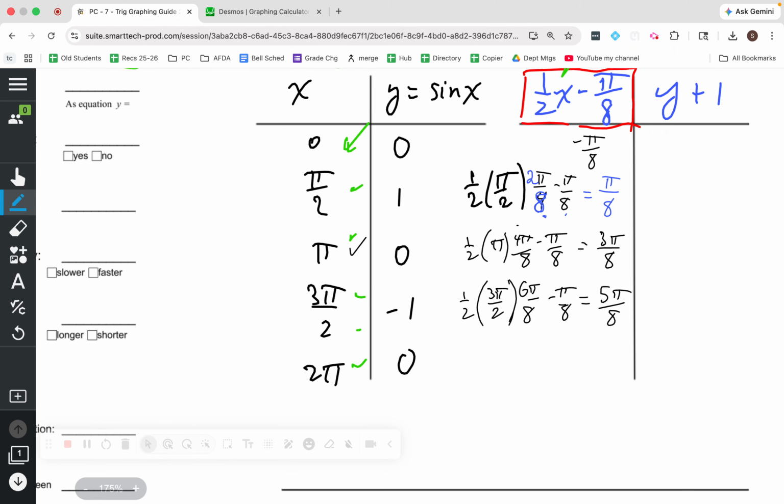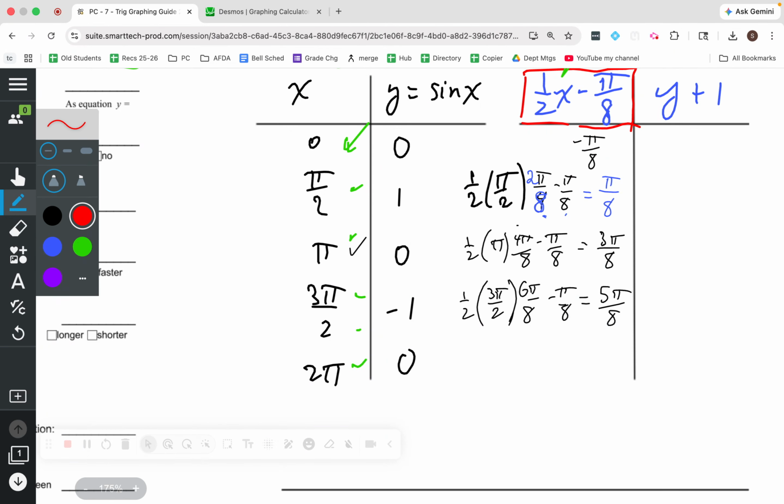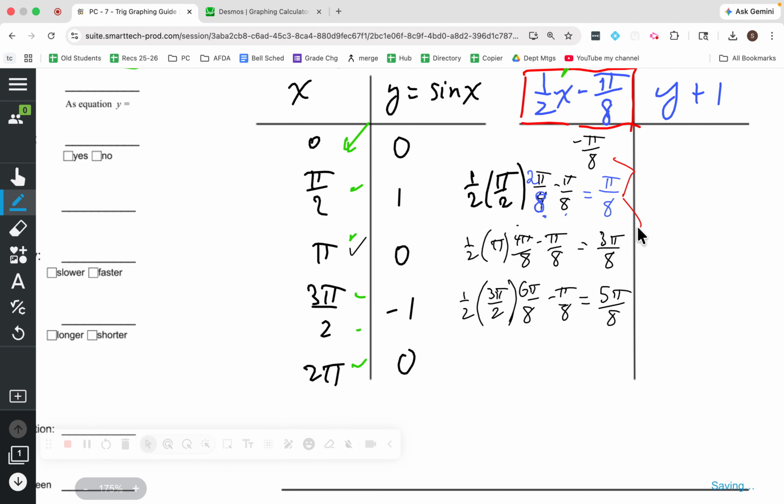And you can already see a pattern emerging here. It looks like we're advancing each step by 2 pi over 8. This last one, I predict it will be 7 pi over 8. But let's see. 1 half times 2 pi. Notice I put a denominator in there so I keep my fractions straight. It's 2 pi over 2.